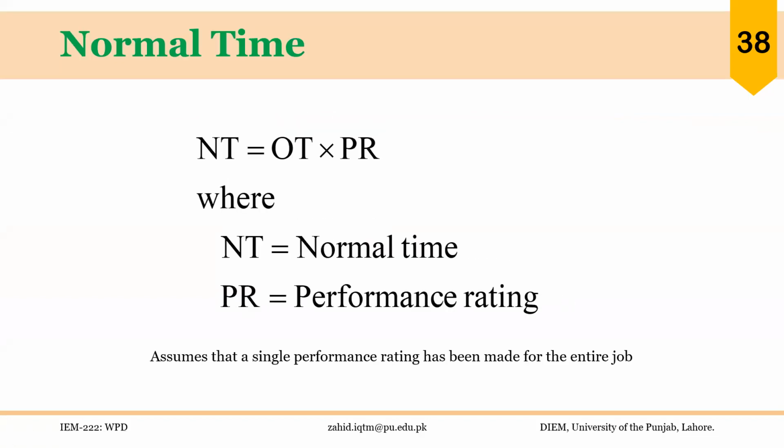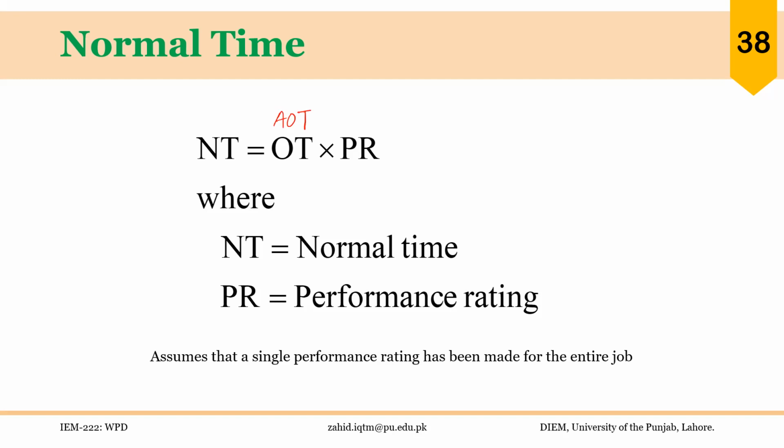So normal time is the observed time into performance rating, and I'm calling this average observed time because we are taking more than one reading, so we have to take the average. So normal time for each element is equal to average observed time for that element into performance rating.